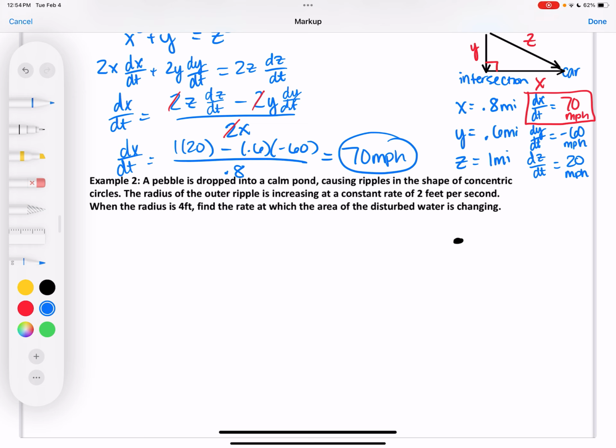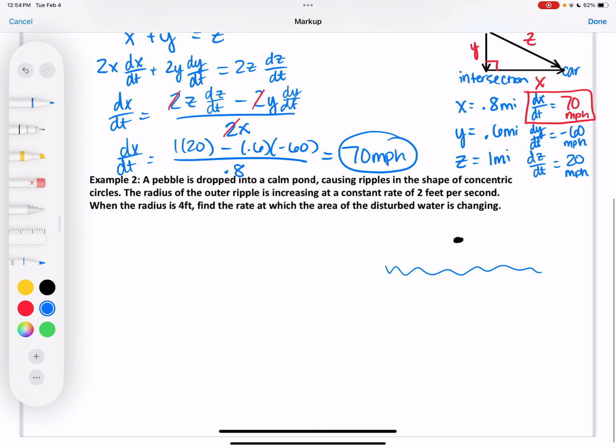All right, so there's my pebble, dropped into the water. I guess I should do it like this. And then I guess I should actually make these good circles since I can.